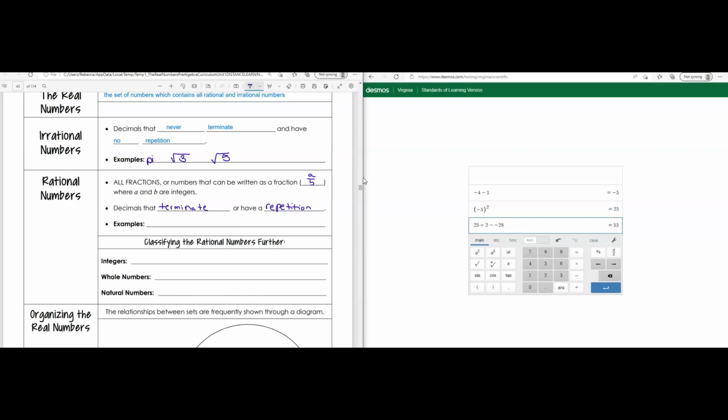Some examples of that would be 5/7, -3, 0, 20/5, the square root of 25.